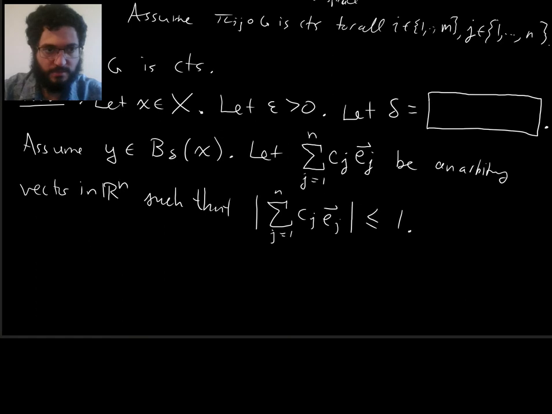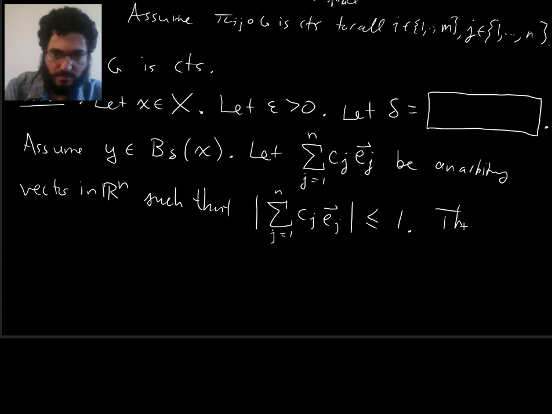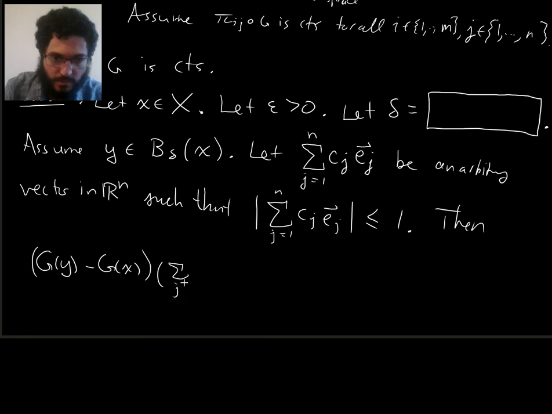Okay, now let's look at what happens when I take gy minus gx, and I take this linear map and I feed in my arbitrary vector sum over j cj ej.